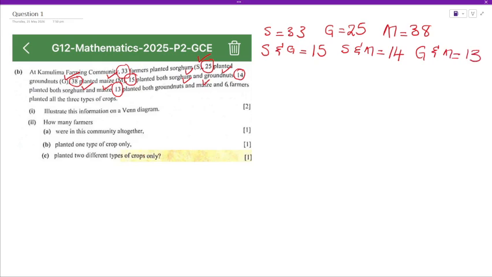All right, and then we're told 6 farmers planted all 3 crops. So all 3, we have 6 farmers. So we have 3 different types of crops, simply implying that we're going to have 3 sets in this Venn diagram.